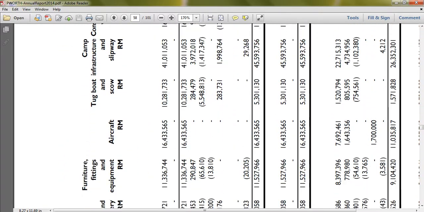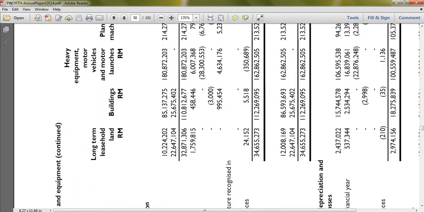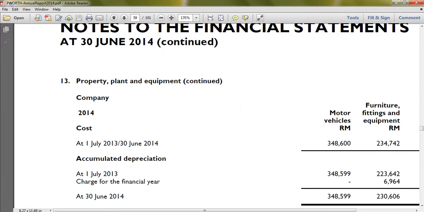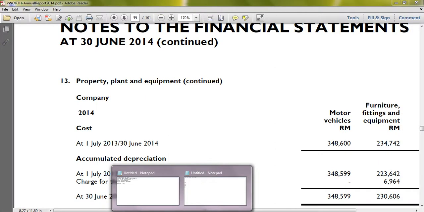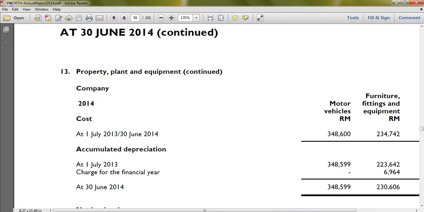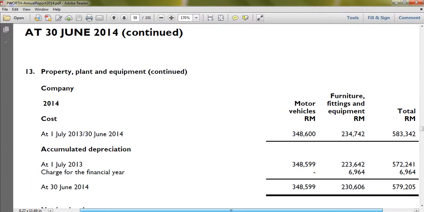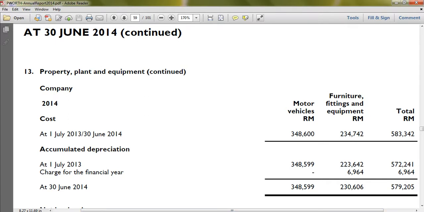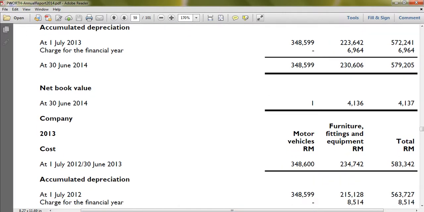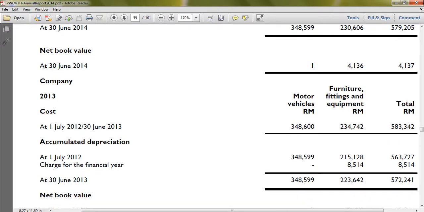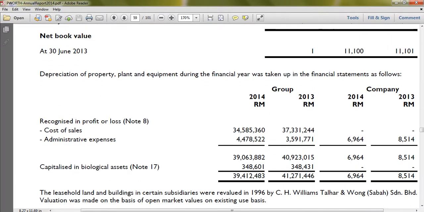I don't really like this kind of financial report. So 13 still got here. Oh, at last. Break it down like this, much easier.